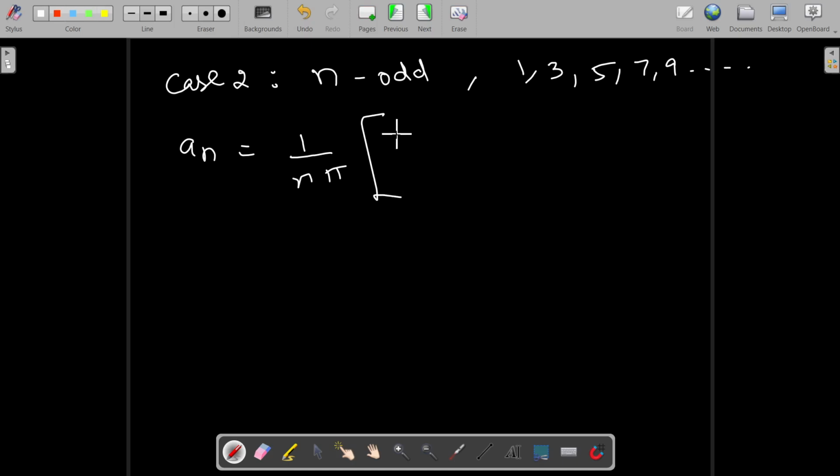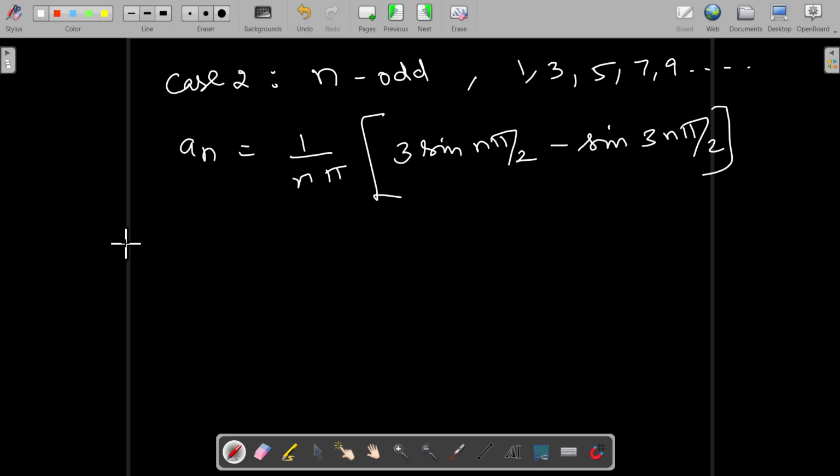An is equal to 1 by n pi times 3 sine n pi by 2 minus sine 3 n pi by 2, isn't it? So for odd values, we substitute n as 1 now.